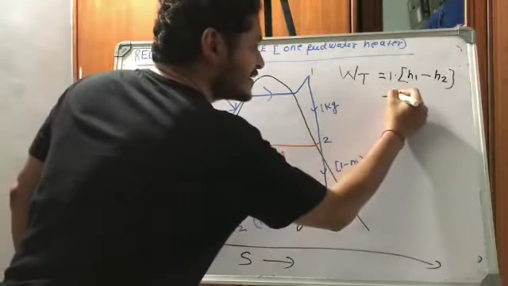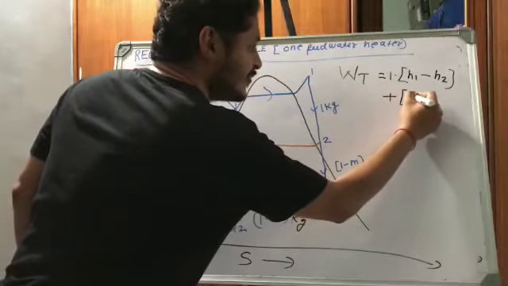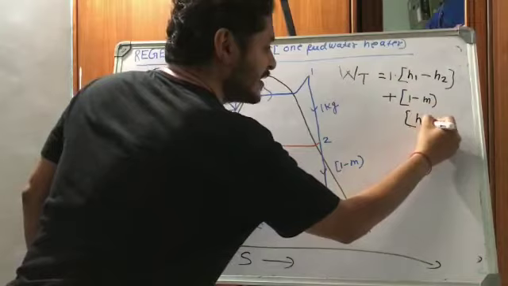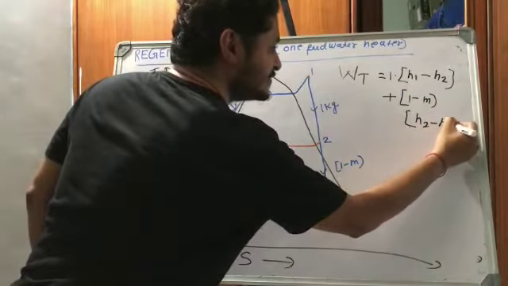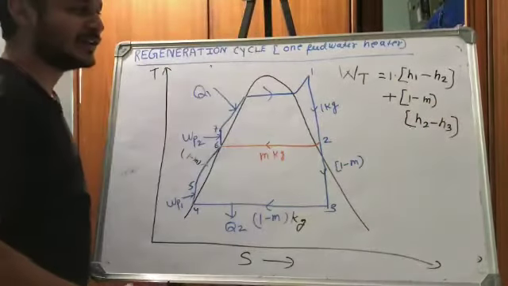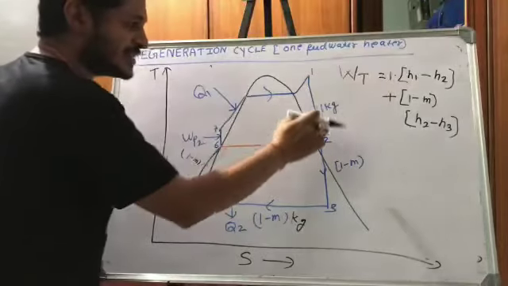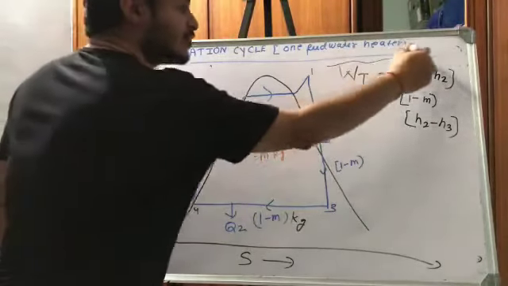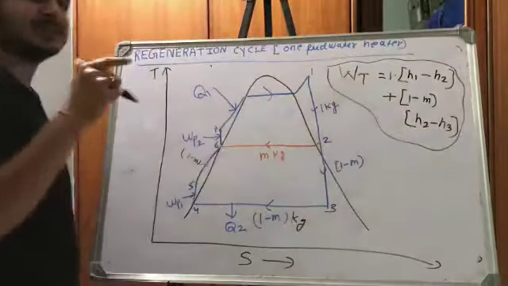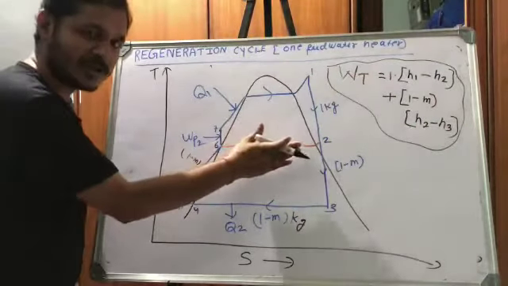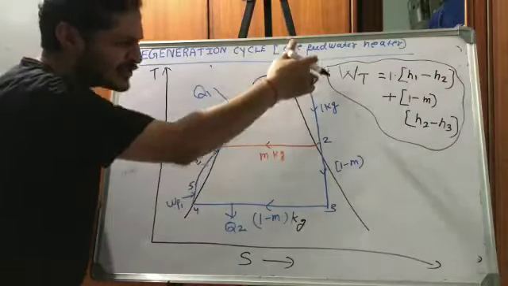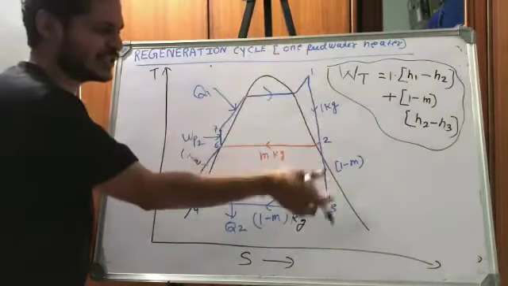So plus 1 minus m into H2 minus H3. So 1 into H1 minus H2 plus 1 minus m into H2 minus H3 is the total work output by the turbine. If this m kg would not have been here, then simply 1 into H1 minus H3, or 1 into H1 minus H2.